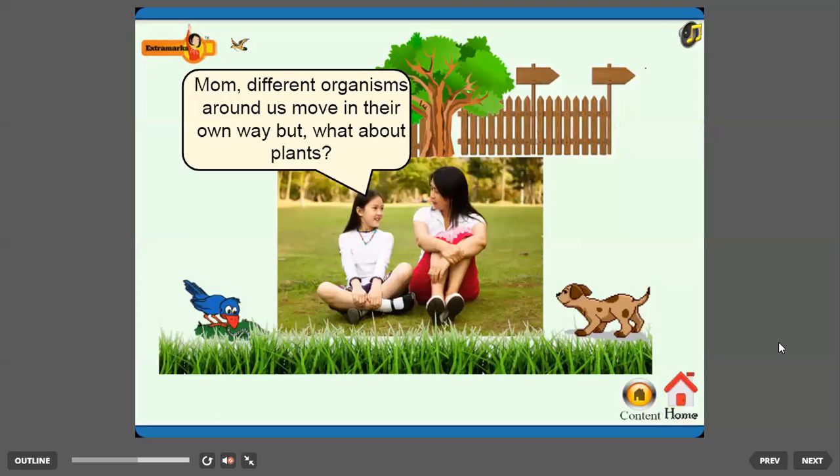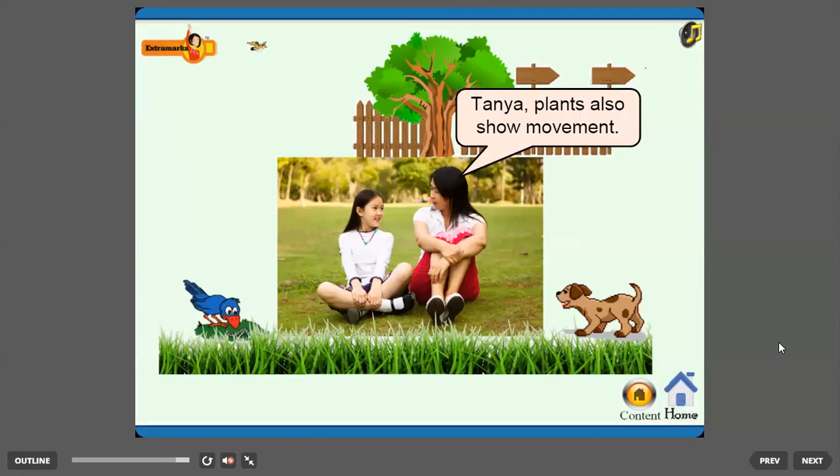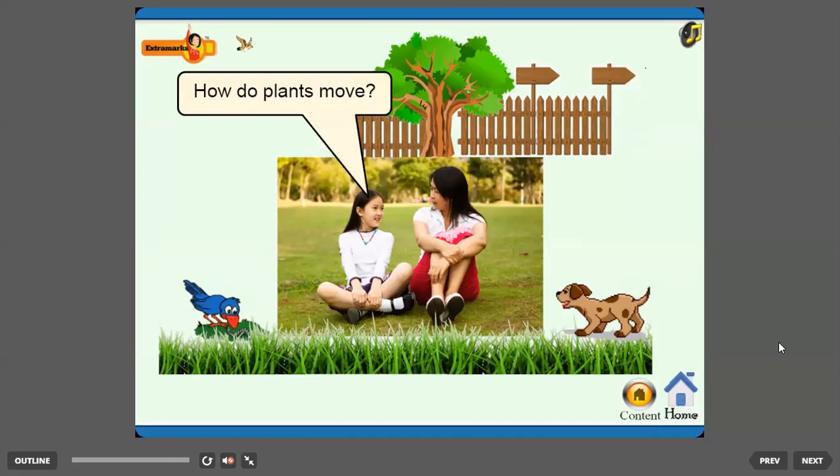Before moving into the detailed part of the chapter, we should learn that plants also need internal coordination for their growth and development. But plants do not have a nervous system, but still they respond to the internal and external changes in the environment. How?